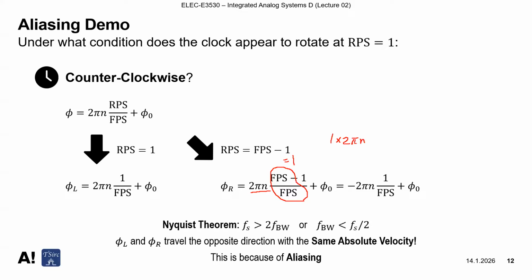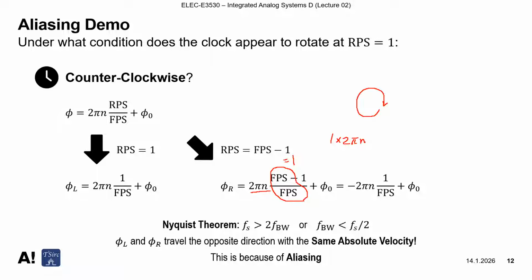And remember, 2 pi is just a 360-degree rotation, so it has no effect in the end. What we end up with is negative 2 pi n over FPS plus V0. So that is our only difference here. The magnitude of the clocking speed is the same, but its polarity is opposite.